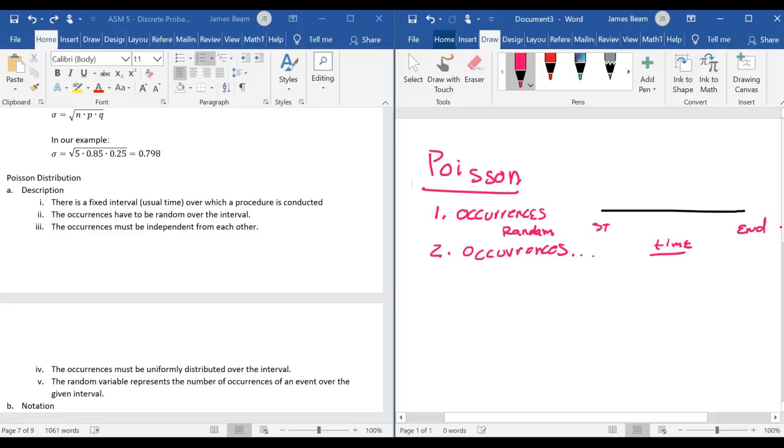So once one occurs does not mean that the next one's going to occur. One occurrence will not cause another one to happen. They're uniformly distributed, so they're not going to bunch up. And the last thing is that the random variable here is going to be the number of occurrences over the interval.